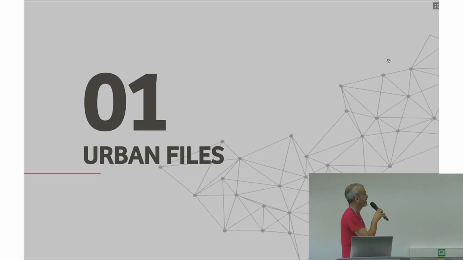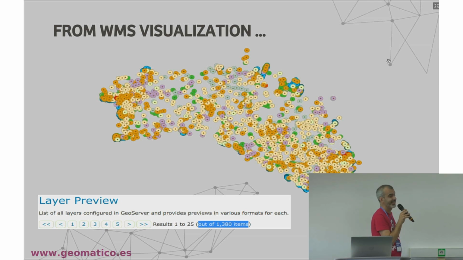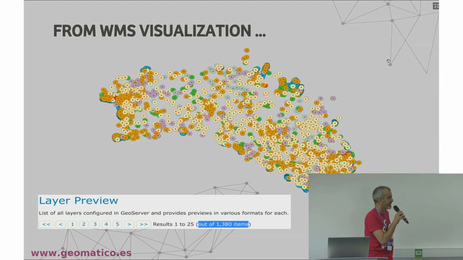First case: urban files. We have a client. Do you recognize this island? Anyone? No? This is Menorca in the Balearic Islands. We have worked for this client for a long time.